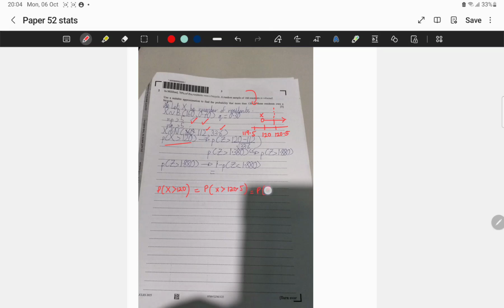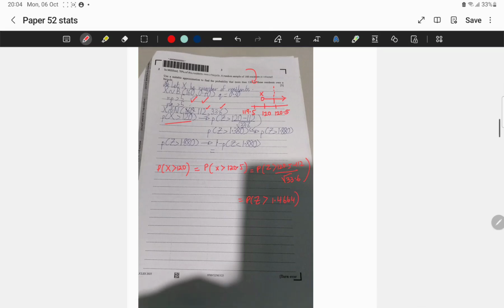Then you're going to get probability Z greater than (120.5 minus 112) divided by square root 33.6. From my calculator I'm getting 1.4664. I think you have to do 3 dp only, sorry, 1.466.